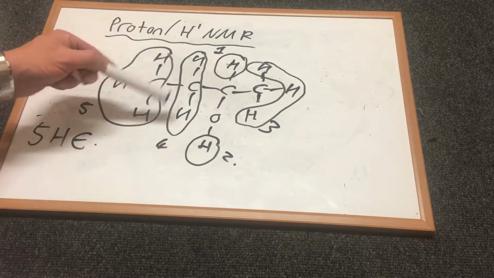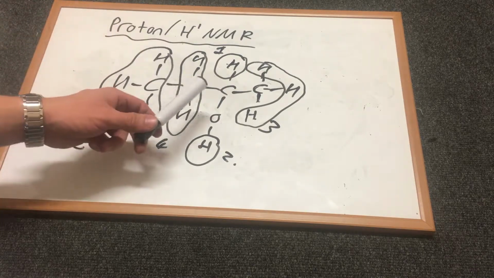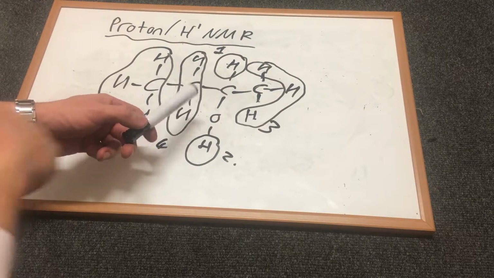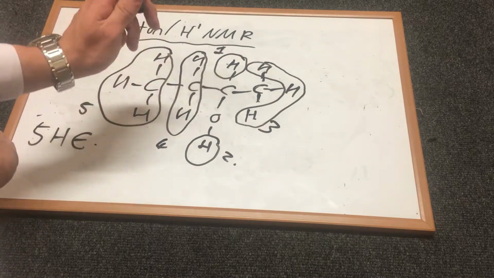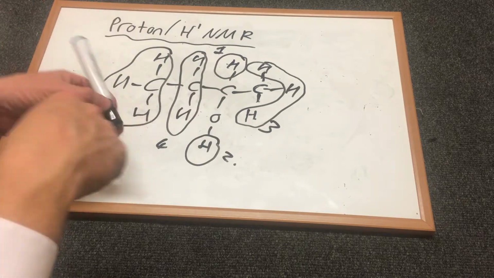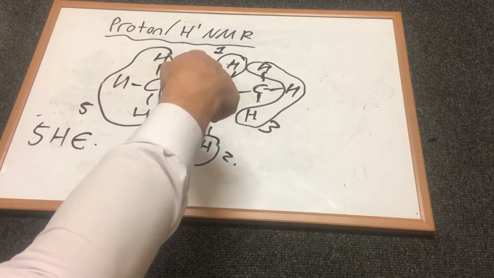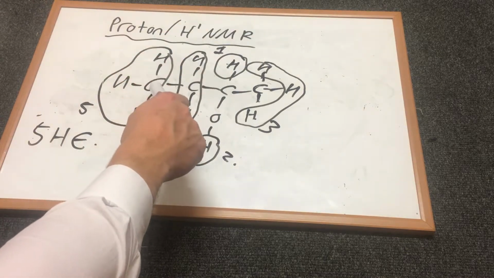Environment 4, the CH2 group, these protons are in the same environment, so they're connected to 2 carbons, one of them being a carbon with a hydrogen and an oxygen, and a methyl group. And then the last environment are these 3 protons here, because they're connected to a carbon which is connected to a CH2 group.